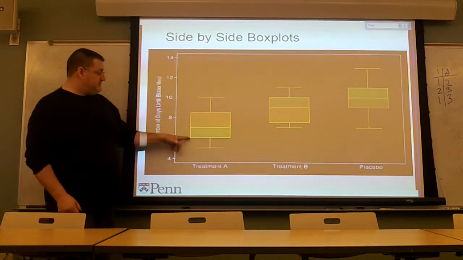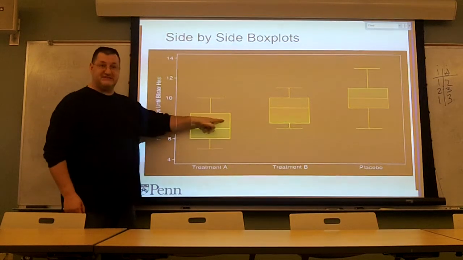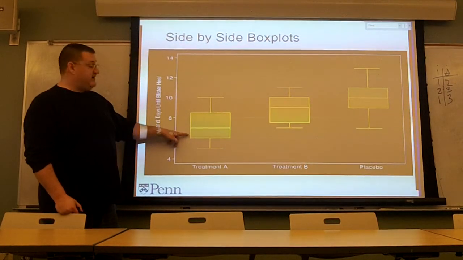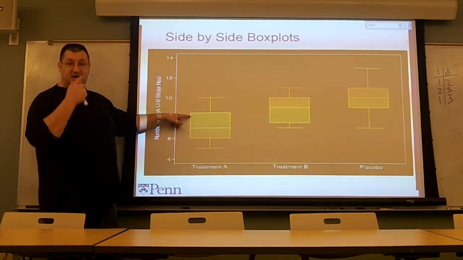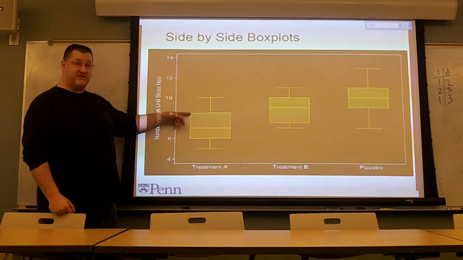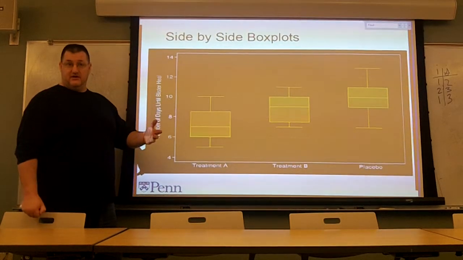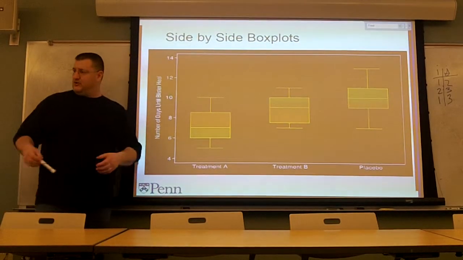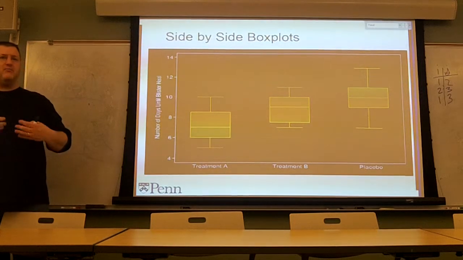Range. The bottom part of the box is the 25th percentile. The top part of the box is the 75th percentile. If I subtract the 25th percentile from the 75th percentile, that's the interquartile range.